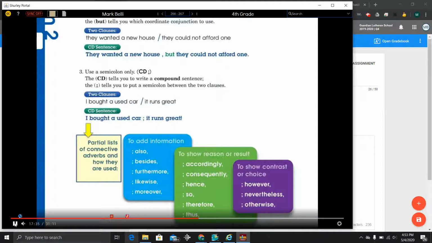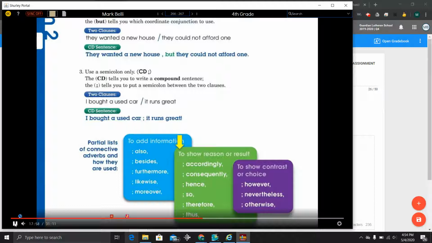The colored boxes to the right are partial lists of connective adverbs and how they are used. Let's take a look. If you'd like to add information, use connective adverbs such as also, besides, furthermore, likewise, moreover.